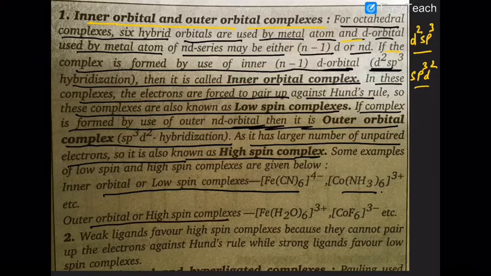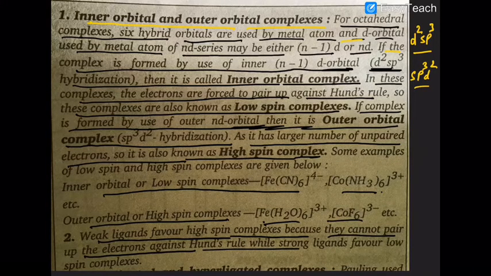Outer orbital: hexaaqua iron(III) or hexafluorocobaltate(III). Are you getting that or not? We will see this now. Weak ligands favor high spin complexes because they cannot pair up the electrons against Hund's rule.